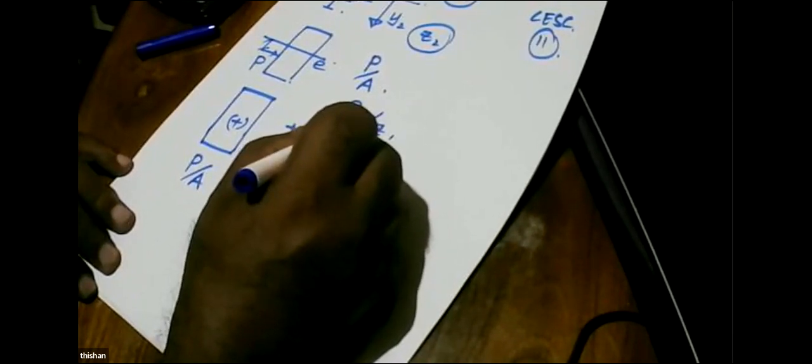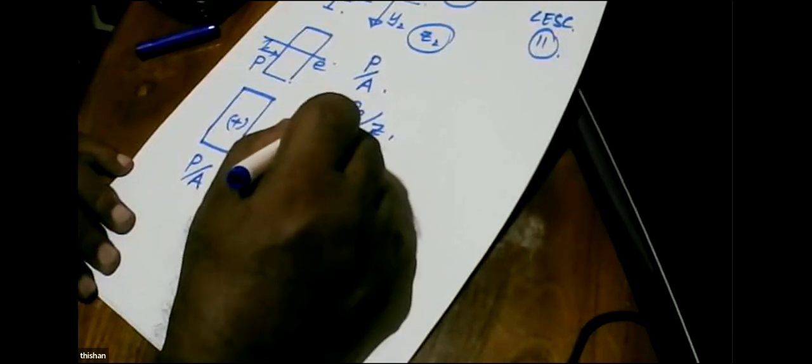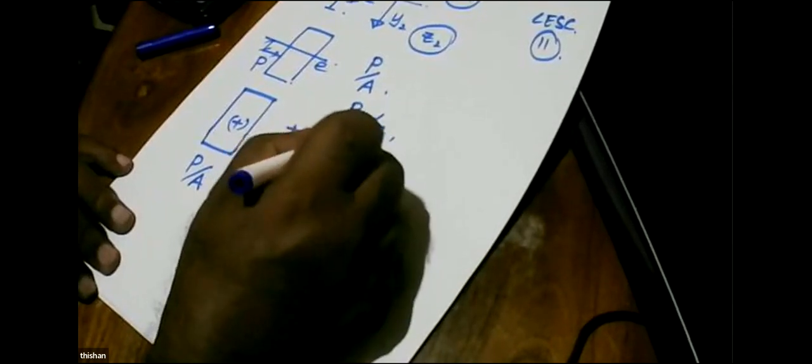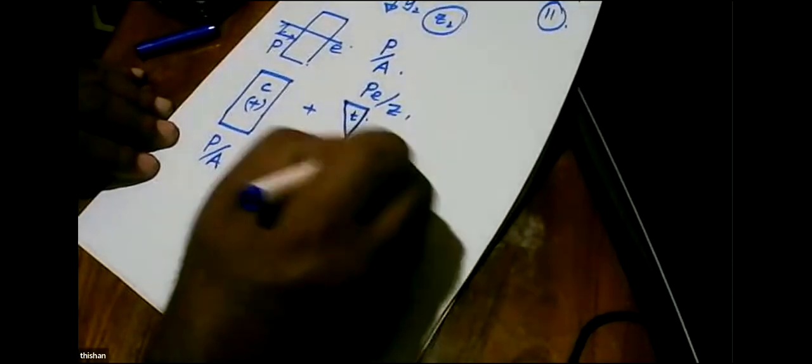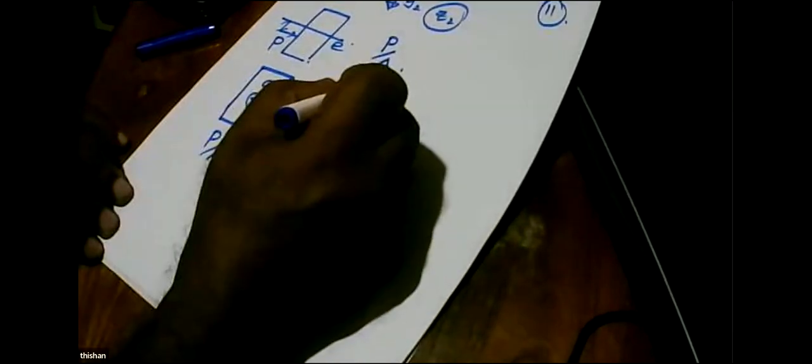So here it goes into tension. This side tension, this side compression. Tension and compression, this is also compression. So this is positive, this is negative. So if you look at PE over Z2, Z2 is positive, so you get a positive. If you look at PE over Z1, Z1 is negative, you get a negative answer.